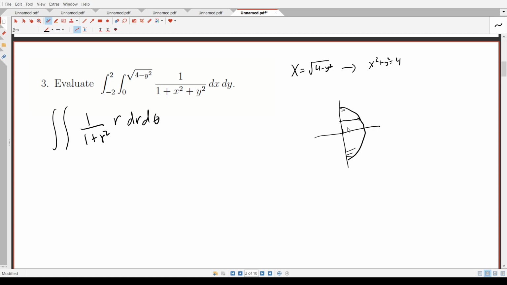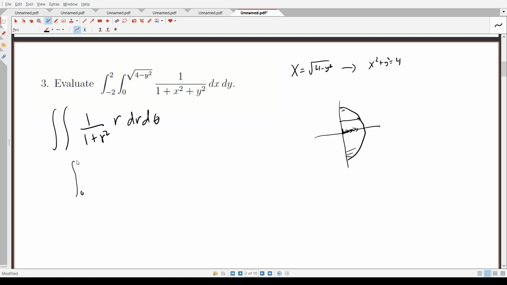So the radius is going to go from 0 out to 2. We have here the radius is going to be all of these values from 0 out to 2.